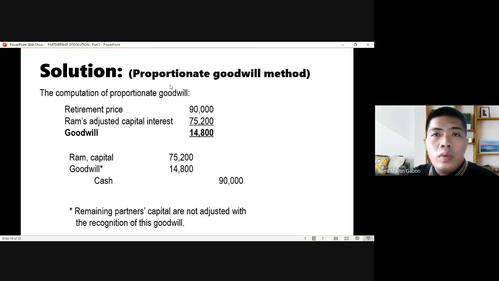To journalize the retirement, we debit RAM capital of 75,200, then credit cash for the agreed retirement price. Then the difference, recognized goodwill of 14,800. Again, this goodwill will be effected as a recognized asset only, but will not increase the capital balances of the remaining partners.